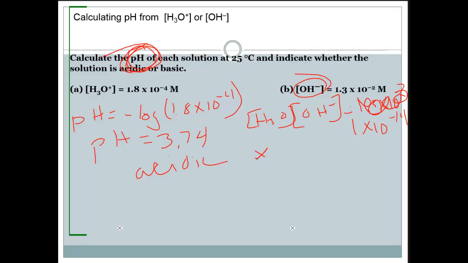So H3O is equal to 1 times 10 to the negative 14 over 1.3 times 10 to the negative 2. That comes out to be 7.69 times 10 to the negative 13.